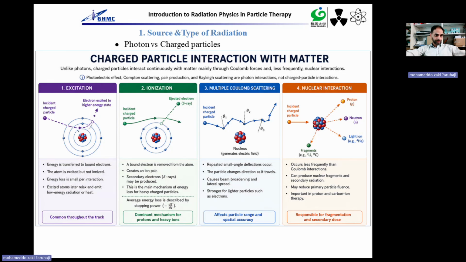Now, how does that hole appear? We send, for example, an electron as our charged particle. So the electron is negatively charged.